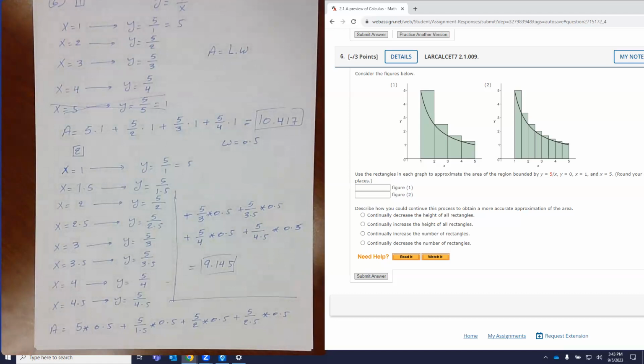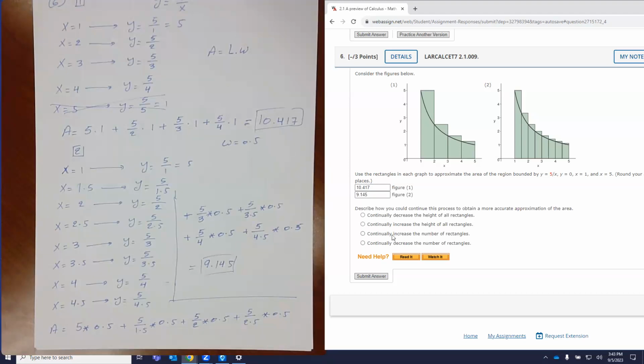So the next part, let's put the result here. The first one is going to be 10.417, and the next one is going to be 9.145. And you see, this one is more accurate than the first one.